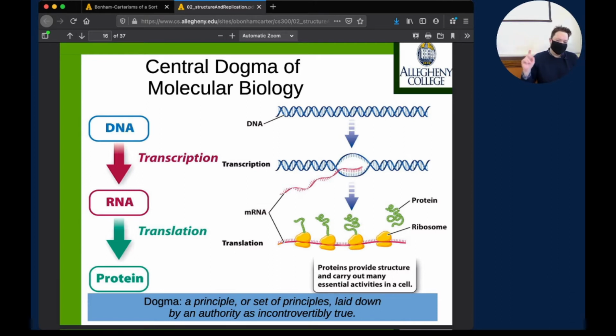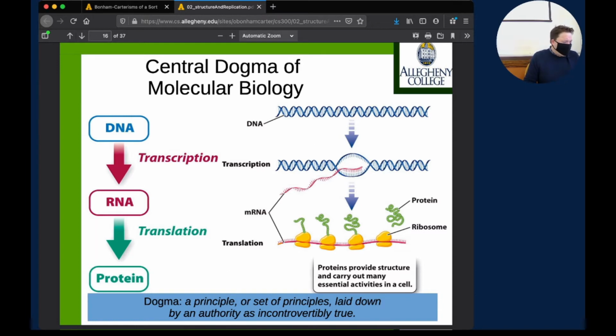The slide you see now on your screen is probably the most important slide of this whole PDF document. It's probably the most important concept in biology, hands down, because every single thing that happens in biology is building on this premise: DNA gives us RNA, which gives us protein, and then protein is used to build things like your skin and your hair and bone, and seemingly everything that you need comes out of protein.